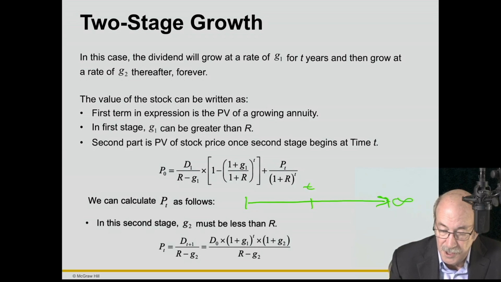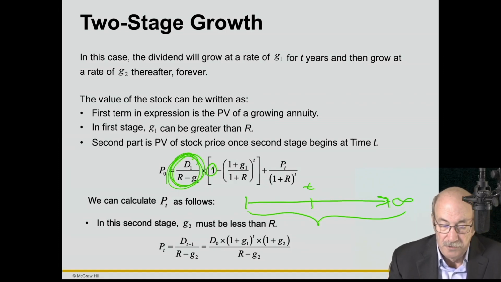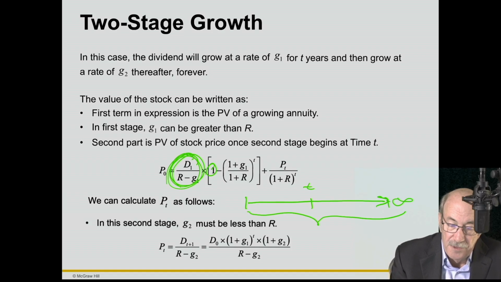And this is T. All right, so this is that entire time period out to infinity. So this times 1 is still this, right? Makes sense. Now, this 1 plus G1 over 1 plus R raised to the tth power, that is a little different, right?